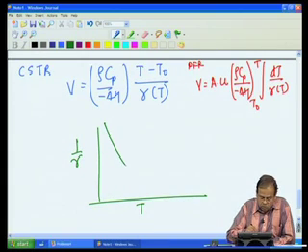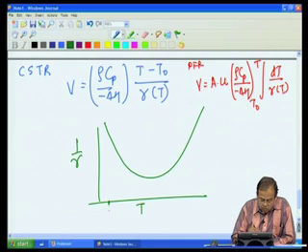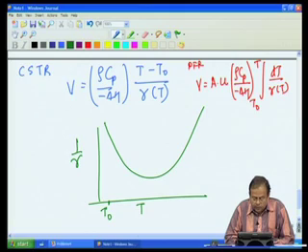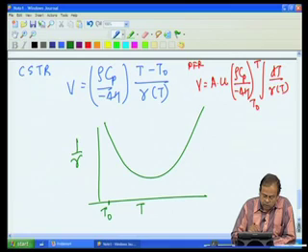So, we have this with T naught being this volume. Now, what is the volume required in a stirred tank reactor? For example, if this is my T naught and this is my desired T, then what will be that volume?